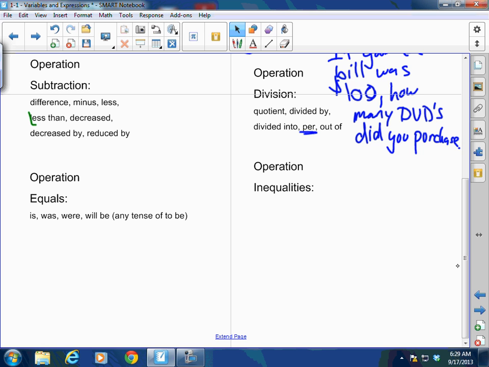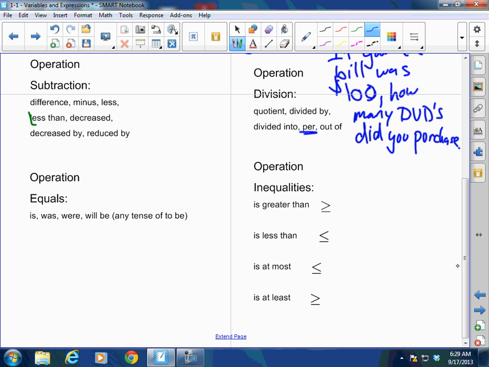Equals. We're talking is, was, were, will be. Any tense of to be means equals. And we're going to also work eventually with inequalities. So with inequalities, please be careful. Look at what happens here.